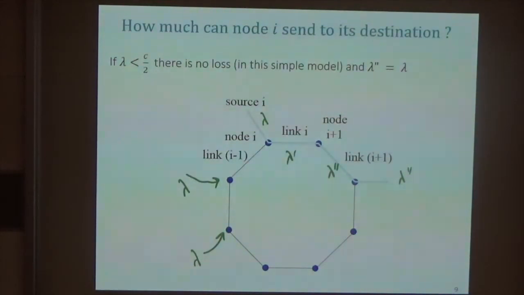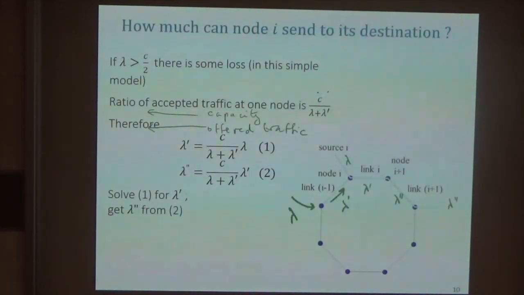In fact, we can do a more detailed analysis. We can see that if C is the capacity of all the links and all links have the same capacity, on every link there are two flows, the direct flow and the flow from the previous node, which is at its second hop. So if the capacity is larger than 2 lambda, then all flows can work on all links, there is no loss, and everything is fine.